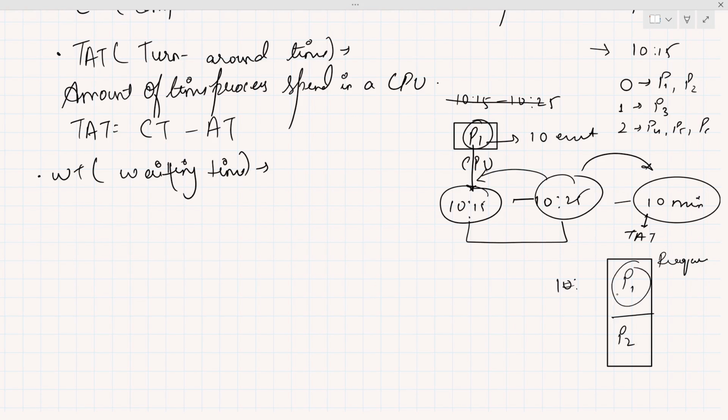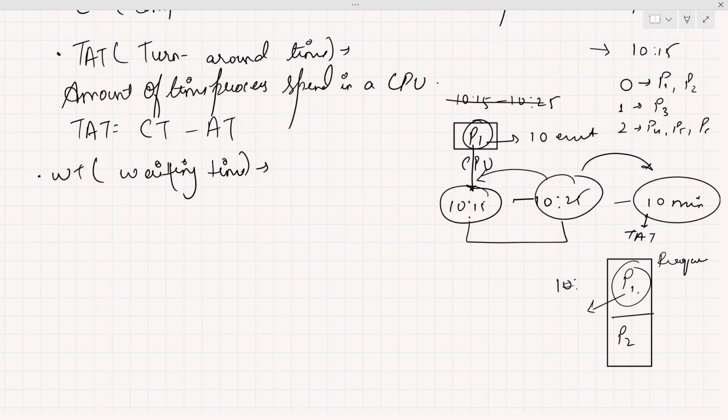P1 is waiting. Why is it waiting? Because it wants to perform something, like an IO event, and it waits for completion of that thing. P1 is waiting in the ready queue until some event that P1 needed completes. So this is what a waiting time is: when the process spends time in a ready queue.